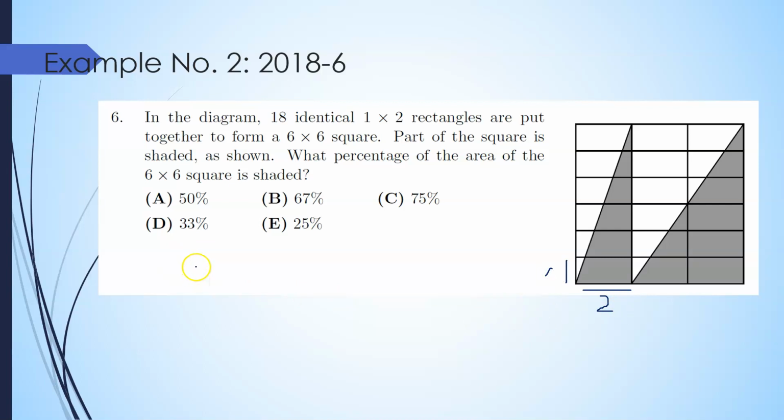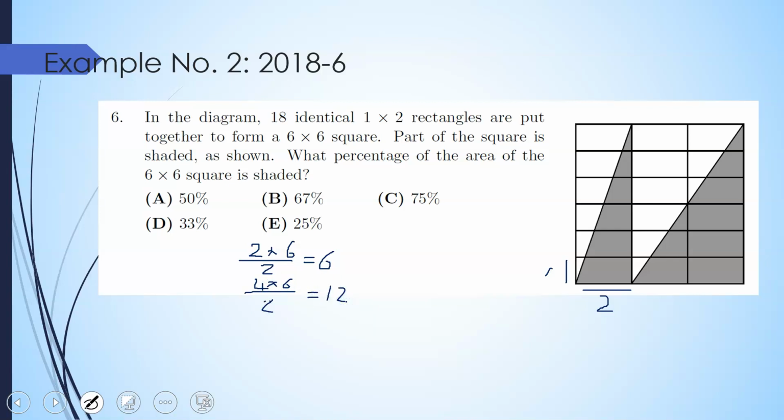So the area of this first triangle is the base times the height, 6, divided by 2. So the area of the first small shaded triangle is 6. The area of the second triangle is double, so the base is 4 times the same height divided by 2 equals 12.